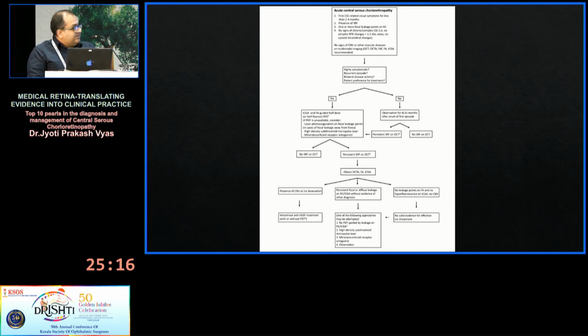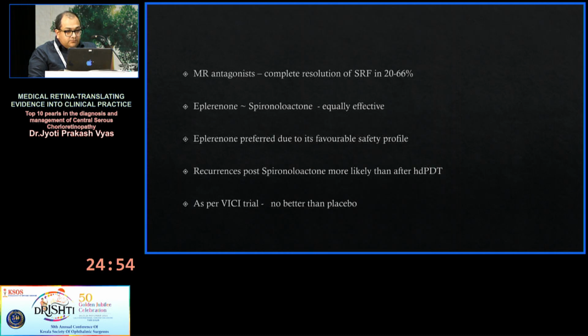If the leak is present, that leak is treated with PDT if it is a foveal leak, and if it is a peripheral leak, you can do a focal laser. If in case following this treatment there is again a persistence of fluid, the same protocol is followed, and if on an OCTA there is the presence of a network, probably there is a role of anti-VEGFs.